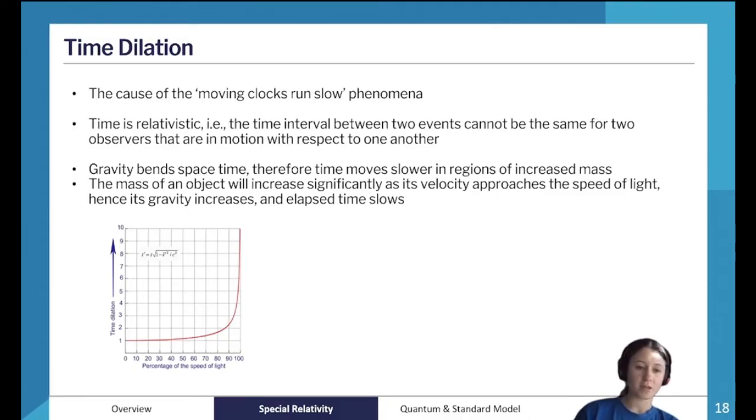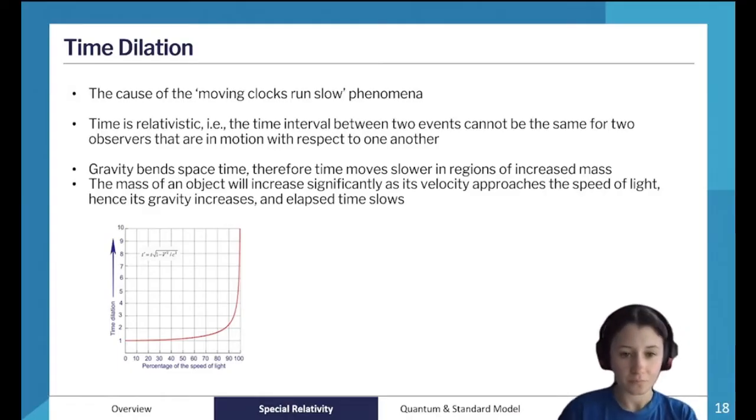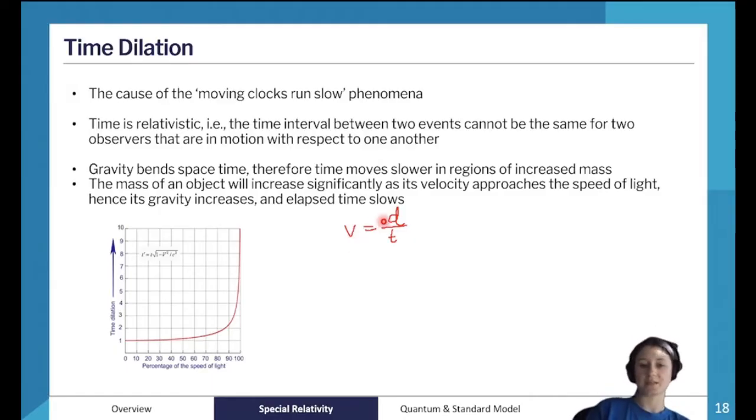So have a think about it in terms of our equation for velocity equals distance on time, right? If we're just thinking about a beam of light now, if the velocity of the beam of light always has to be the same, then the distance and the time are the things that have to change.